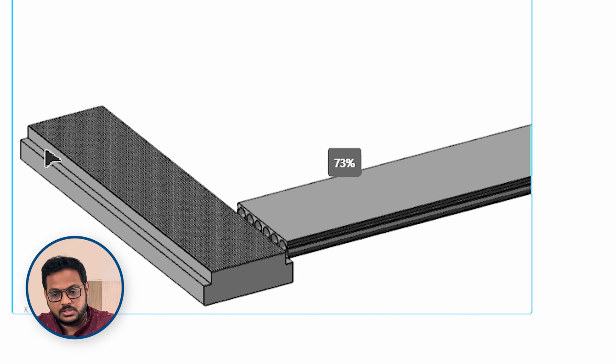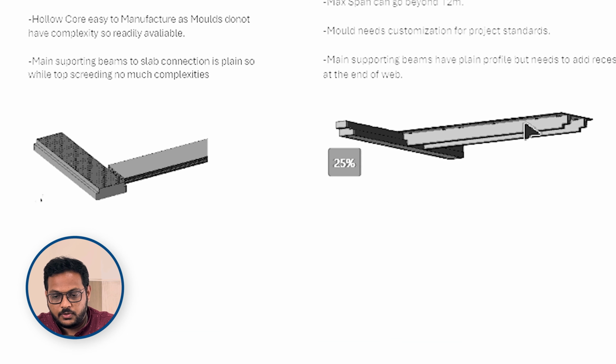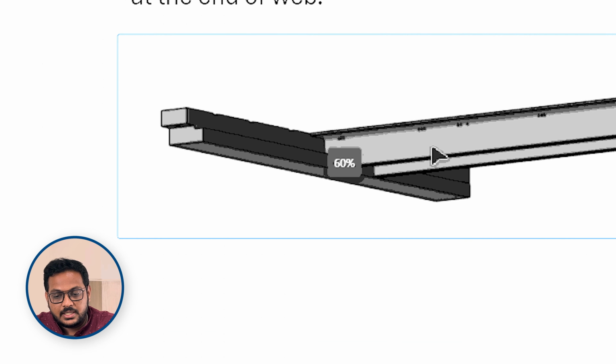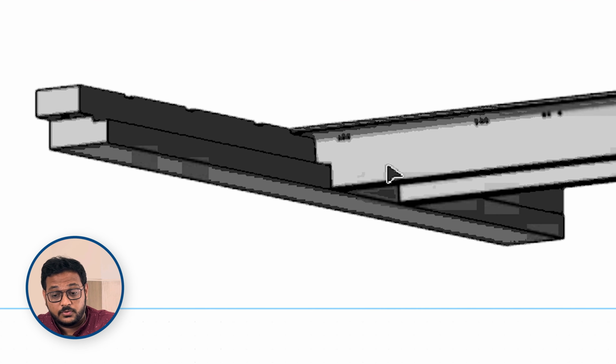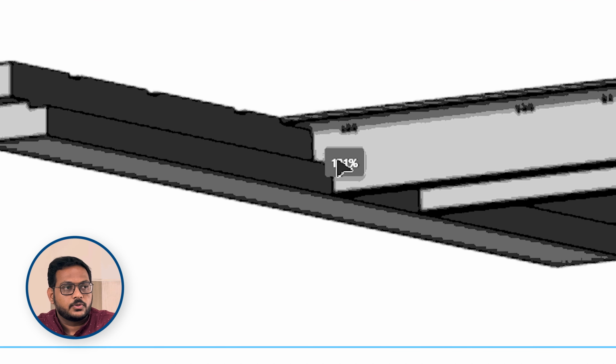We have to give a notch in the T slab. If you can see it here, there is a notch where we have to support it because it's not uniform, and those beams are supported there. Only beams transfer the load. The flange portion of the T slab doesn't transfer the load, only the beam transfers it. So that is the difference between these two slabs.